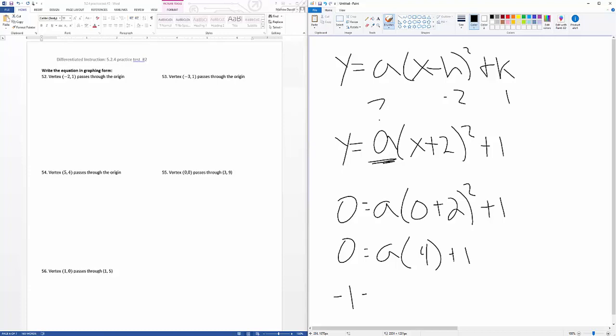Subtract 1. Divide by 4. So a is -1/4. So your answer is going to be y equals -1/4 times x plus 2 squared plus 1.